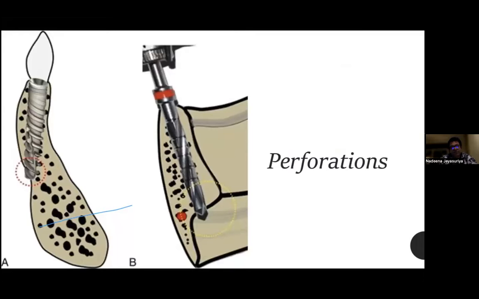So understanding the anatomy, understanding how the bone curves, especially the lower anterior, will help you to direct implants in the right direction. And also, now most dental surgeons use intraoral portable X-ray cameras, which you can use to quickly take an X-ray and see whether the implant is going in the right direction.